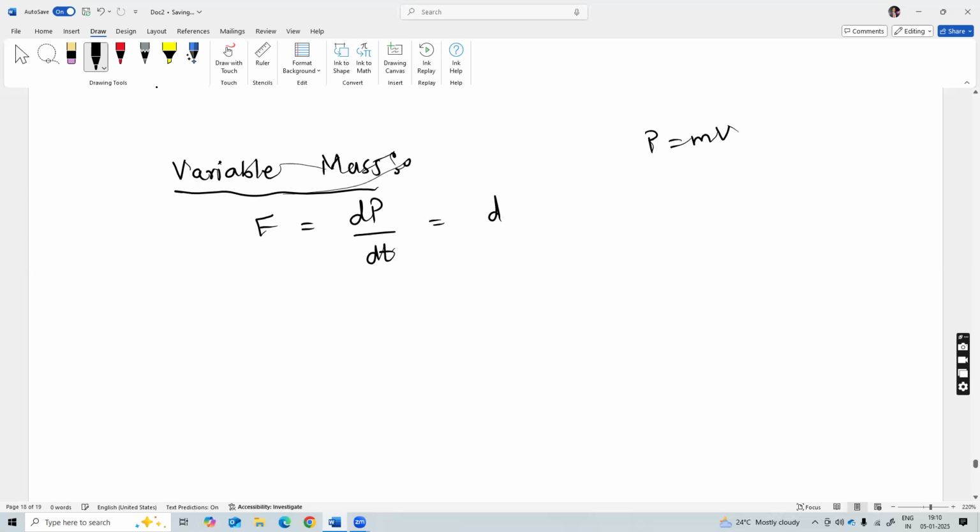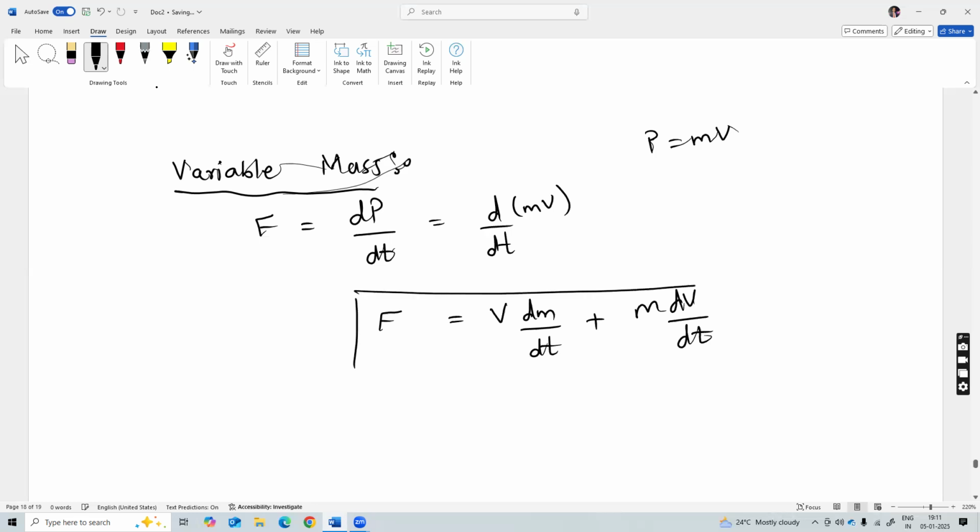So force is d upon dt of mv, and therefore it will become v dm upon dt plus m dv by dt. Till now we used to consider dm upon dt equal to 0 because mass was constant. But if mass is not constant, then force will be equal to v dm by dt plus m dv by dt. So this will be the concept of force.